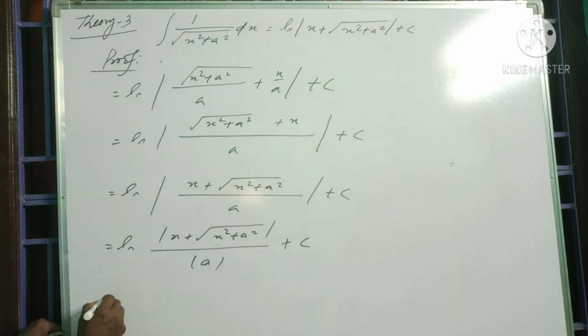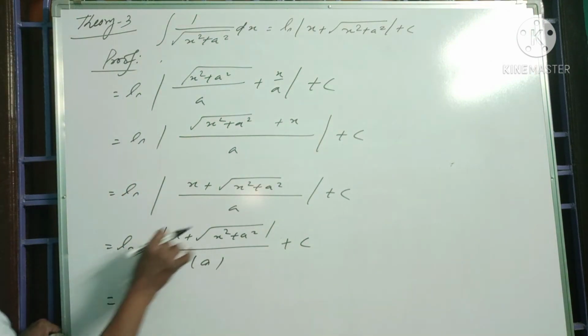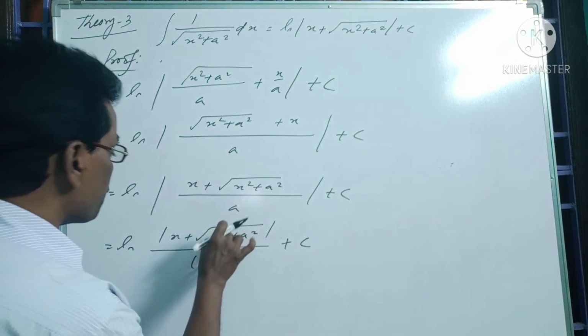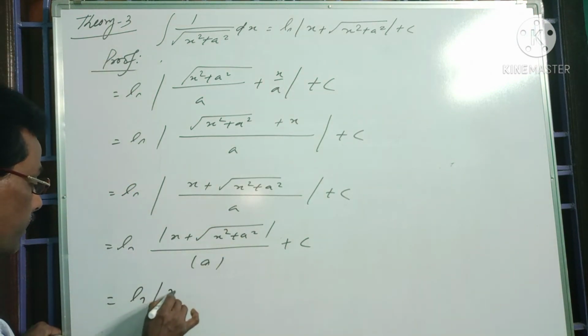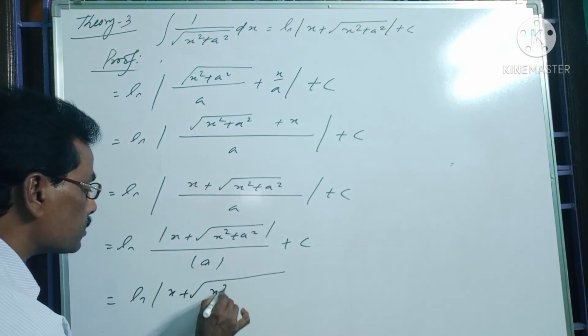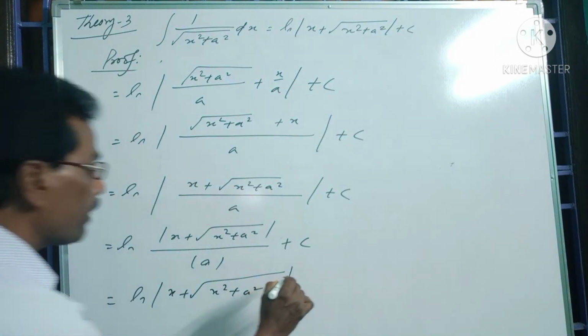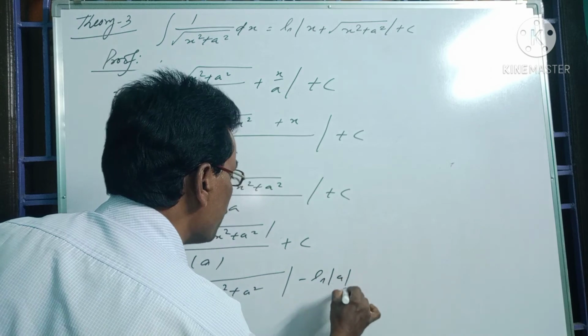Then again simplifying, we have log of m by n, which will give us log of m minus log n. So we have ln of mod of x plus root of x square plus a square, mod, minus ln of mod a, plus c.